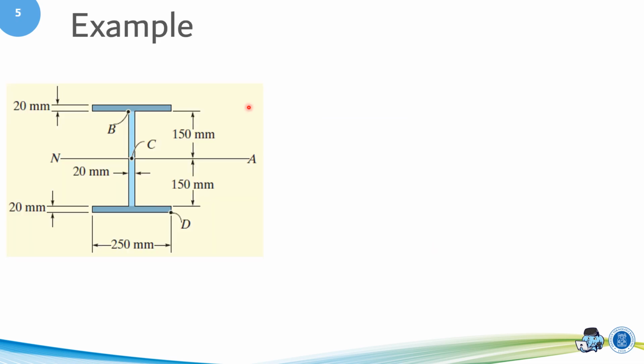In order to ensure that you all understand the topic we discussed today, let's solve this example together. For this kind of case, the moment of inertia is the summation of all the moments of inertia, which in this case are the two webs, the upper web and the bottom web, and the flange.